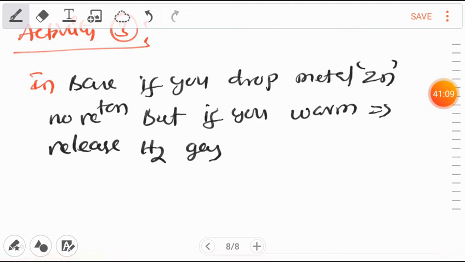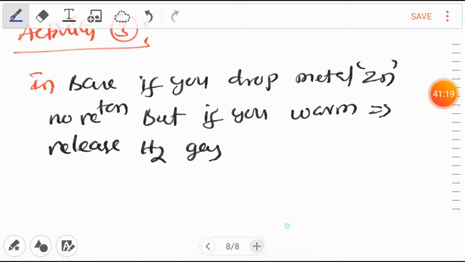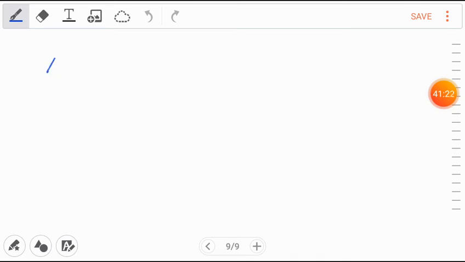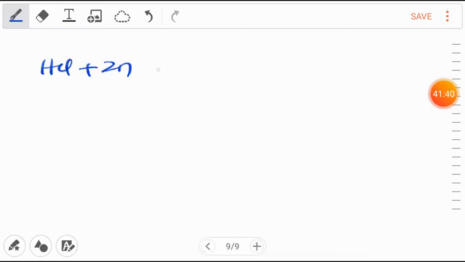Now we'll write the chemical reactions. Acid, I will write like this. HCl plus zinc granules: if you drop, salt is formed plus H2 gas is released.